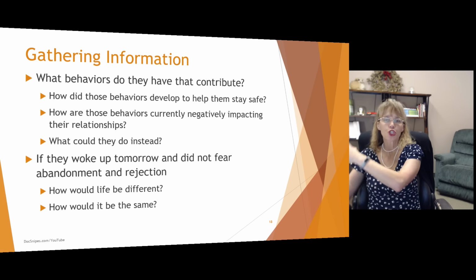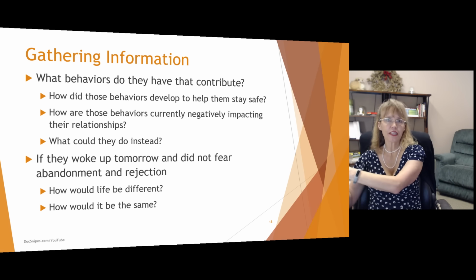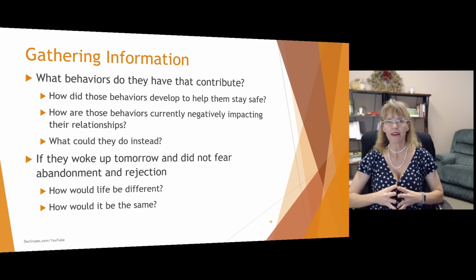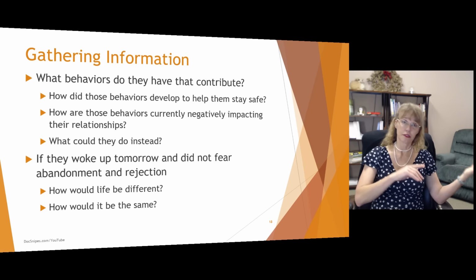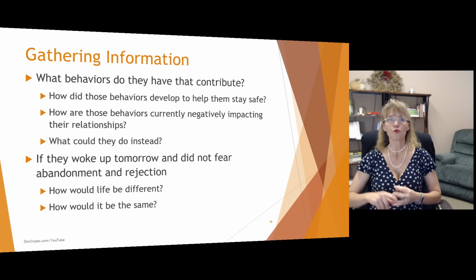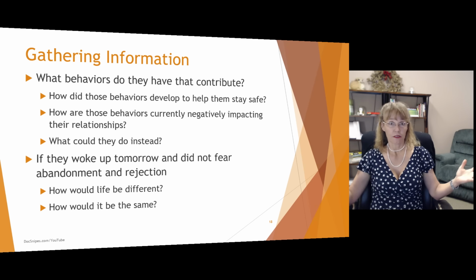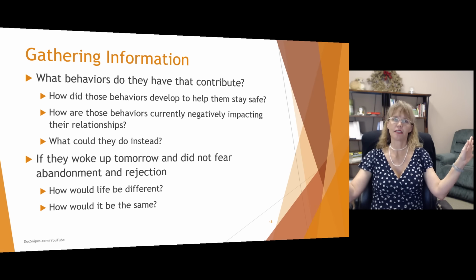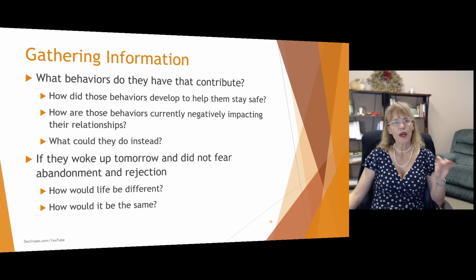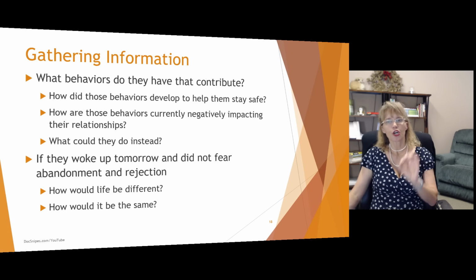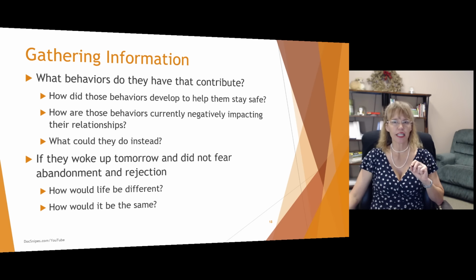How are those behaviors currently negatively impacting their relationships? So if one of their behaviors is to start becoming extremely clingy, or the opposite, to walk out, to just break up. It's like, okay, fine, started to hit a little rough patch, we're done. In what ways are those behaviors currently negatively impacting their relationships?